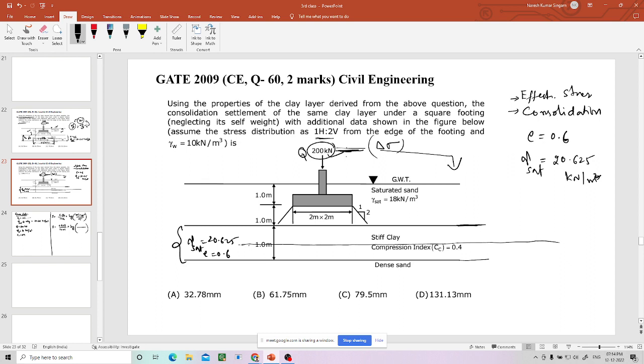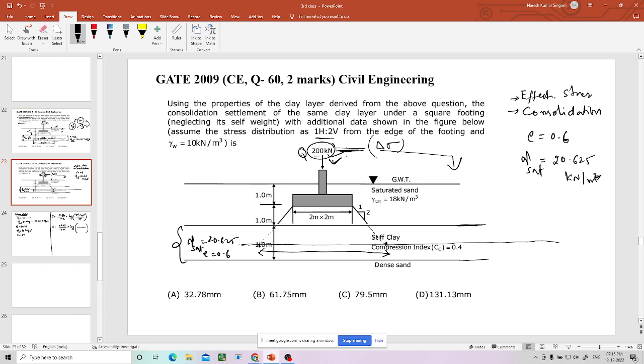This distribution of the stresses due to this, it will be in this direction. See, it is given 2 vertical, 1 horizontal, right? Like this. So at the middle point, see, this is the area over which this load is distributed, right? That is one thing we should remember.